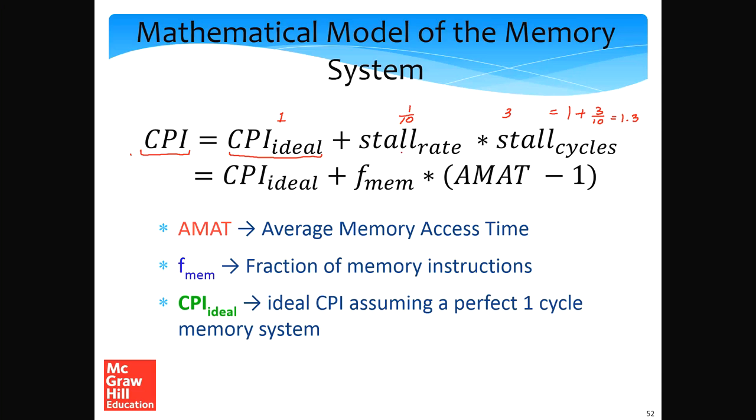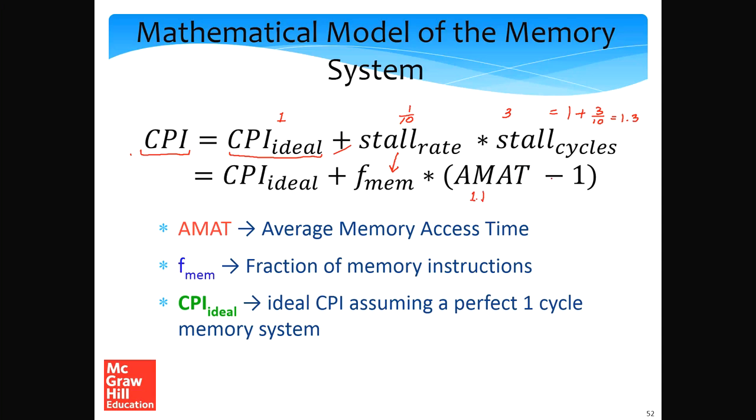If we assume that every instruction that goes to memory can potentially stall, then we can equate the stall rate with Fmem, the fraction of memory instructions, times the number of stall cycles. If all the memory instructions hit in the L1 cache, then the stall cycles is 0. But let's say on an average, the average memory access time, AMAT, instead of 1 cycle is 1.1 cycles.